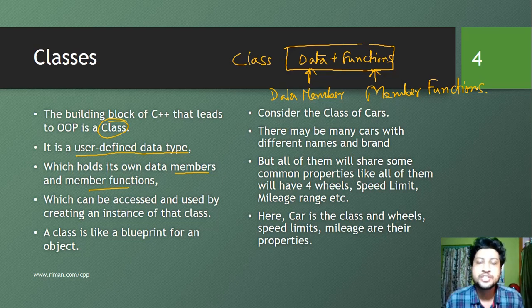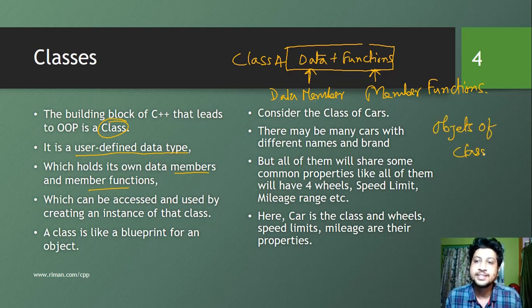And these member functions or data members can only be accessed by creating an object of this particular class. So no other object of a different class can access the data members of a class. So suppose this is class A, so only the objects of class A can access the data members and functions of this particular class.